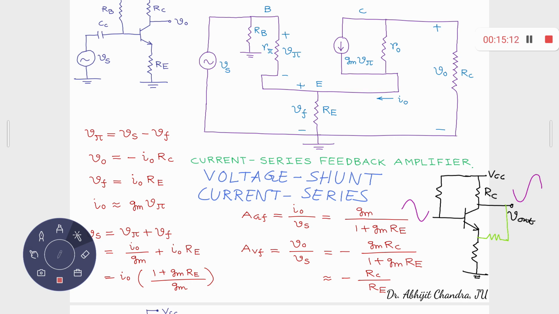That means 0 degree phase shift. Now if you take this output from this particular terminal, this and this will be in the same phase, and from here to here the same phase because it's the resistance. And if this goes positive, this also goes positive. So this difference can be reduced. That is the explanation.